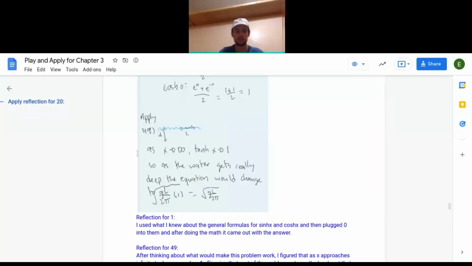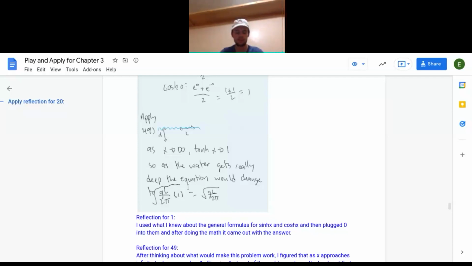But basically, I said as x approaches infinity, the tanh x approaches 1. And so basically, what that means is as the water gets really deep, the equation would change because that would change to a 1. And so I showed that right there. And so basically, you're getting the change that it wanted you to prove.